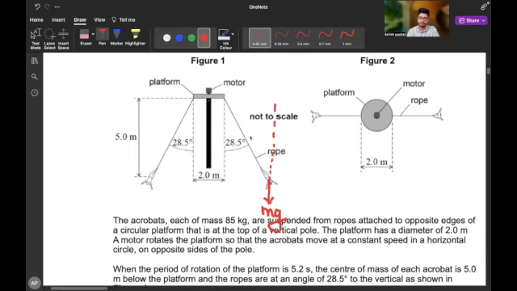This is the 28.5 degrees, and this is the tension force. This is the free body diagram for this person, with all the forces acting on it. I should not make it too big because it may turn out wrong, but I think you get the point. I'm rubbing that out because otherwise the diagram becomes too messy.